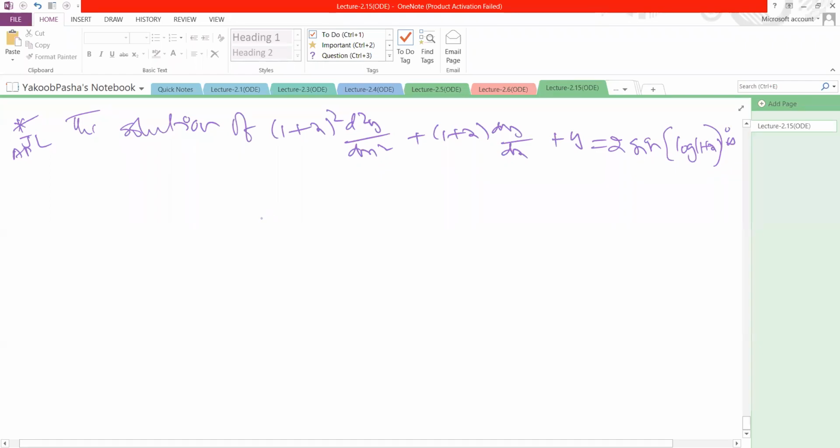Okay, it is not in the form of x square d square y by dx square plus x dy by dx. It is in the form of ax plus b, the Legendre form: (x plus 1) whole square d square plus (x plus 1) d plus 1 into y is equal to 2 sin log (1 plus x).